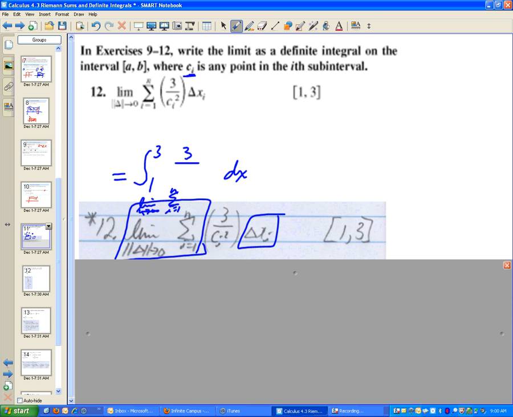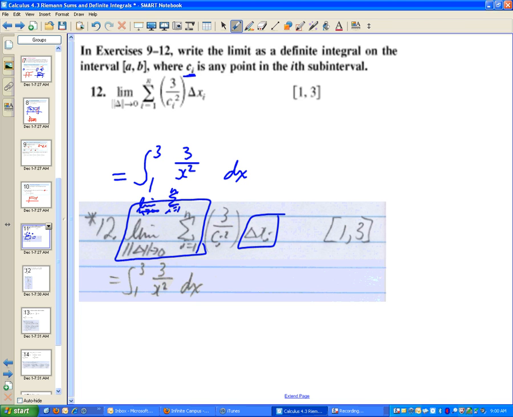So what does ci stand for? X. And it's squared, so x is squared. Makes sense? It's handy to be able to switch back and forth with notations. Okay? It really is.